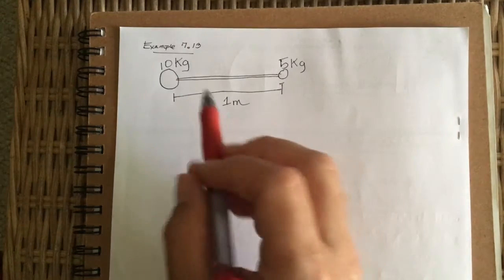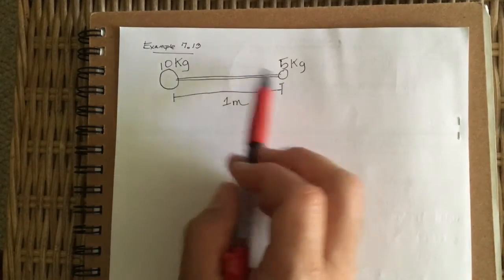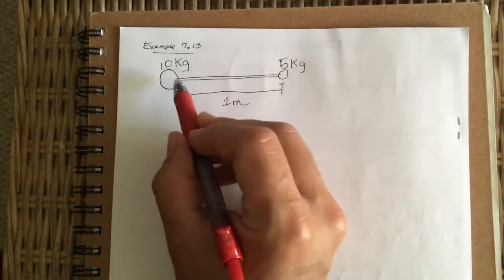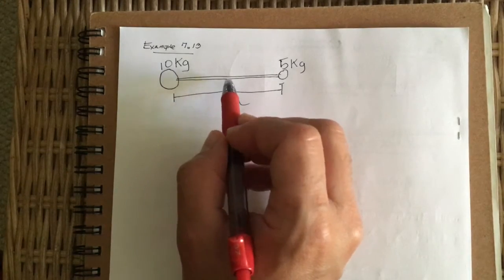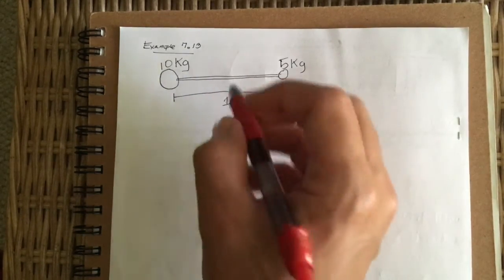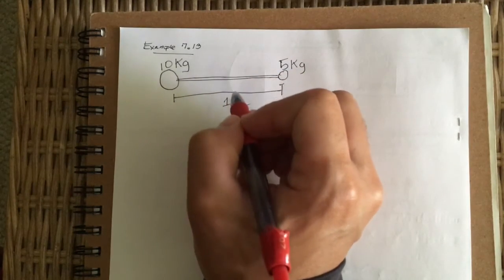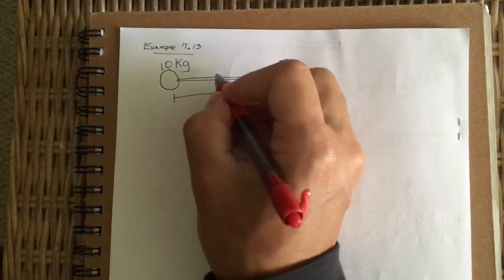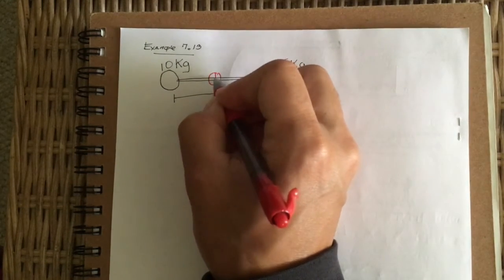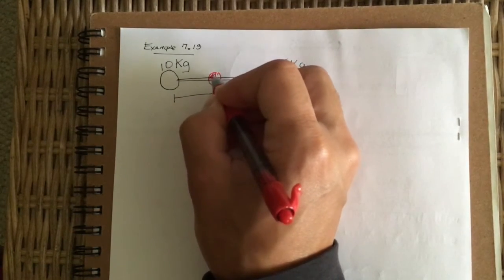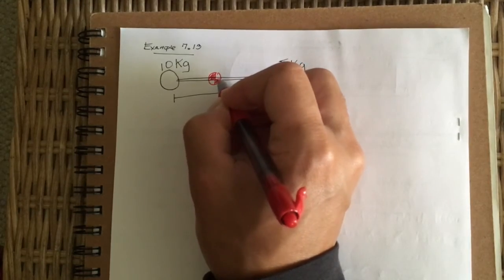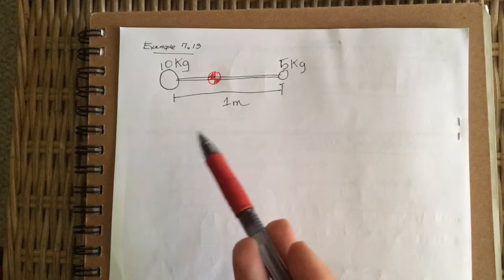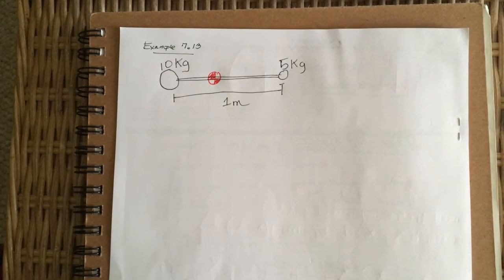Knowing what we know about center of mass, we have 2 massive objects here and a rod that doesn't have any mass, and we know that the center of gravity should be closer to the 10 kilogram object, right? So if I had to take a guess for where the center of gravity is, I would say it's about right there. If I put my hand under that point and balance this on my hand, this shouldn't torque, right, is the idea.